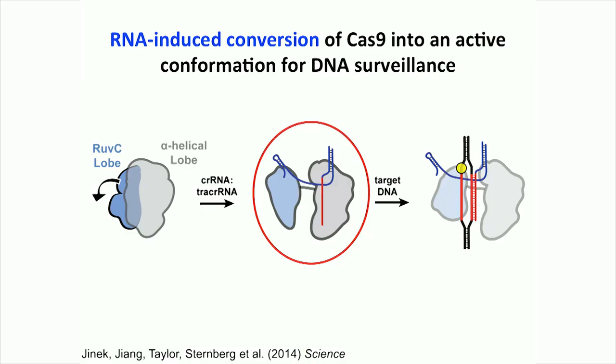Okay, so this is back to the cartoon I showed you. Currently there are two fairly high-resolution crystal structures of two different Cas9 proteins in this state, and these are both in this paper here. One is from Strep pyogenes. The other Cas9 that was crystallized is from an organism called Actinomyces.